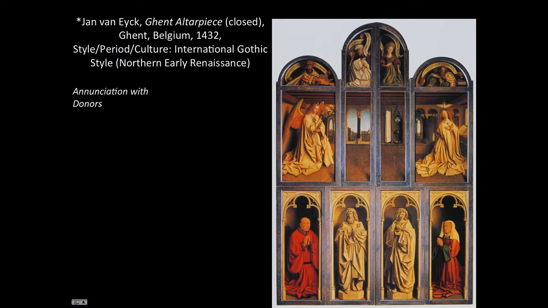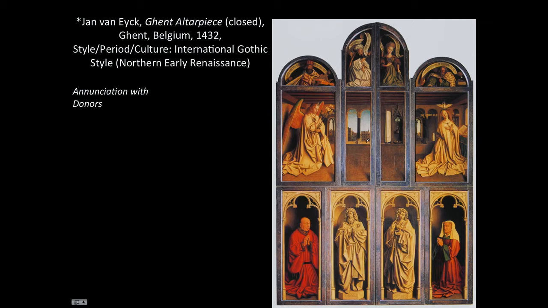The setting itself, if you look at the background, is not supposed to be Nazareth or anywhere in modern day Israel, or where Jesus used to hang out. This is supposed to be Ghent, Belgium. So he's depicting this Annunciation scene taking place in Belgium, which everyone in Belgium knew is not where it happened.